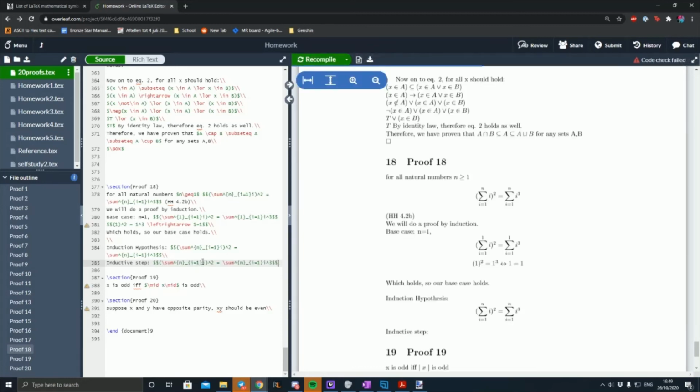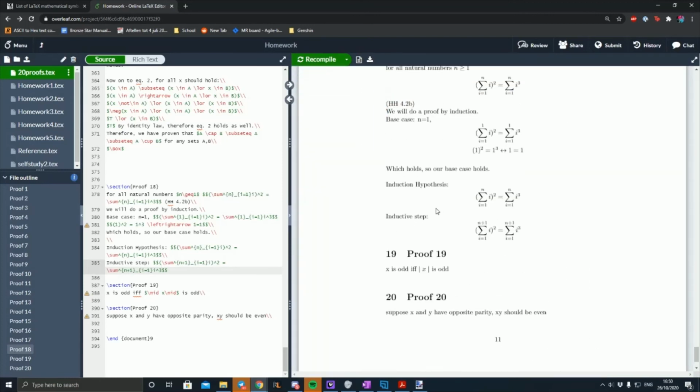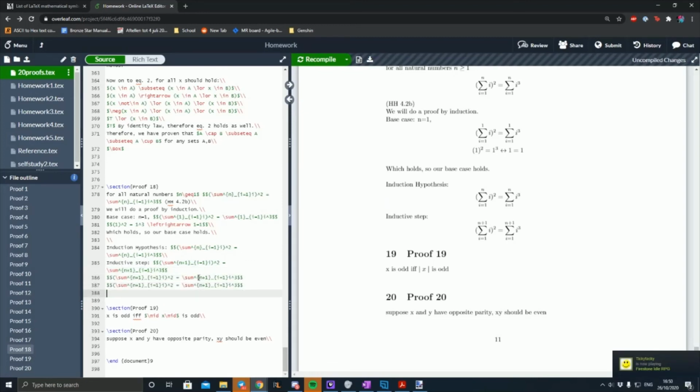And that is n plus 1 is equal to this thing n plus 1. Okay, I will then proceed to doing this and paste it a few times.